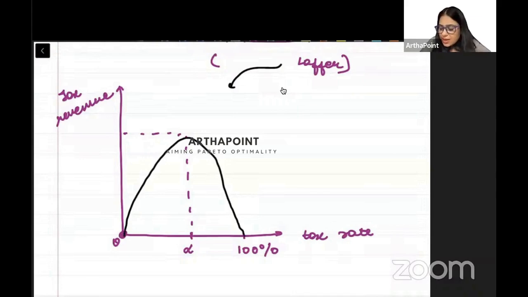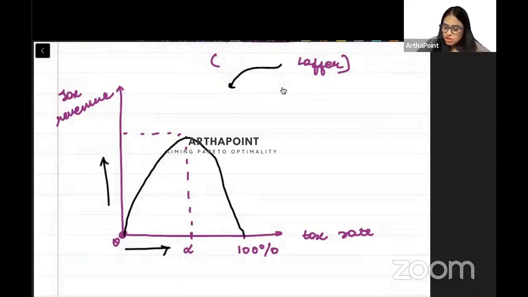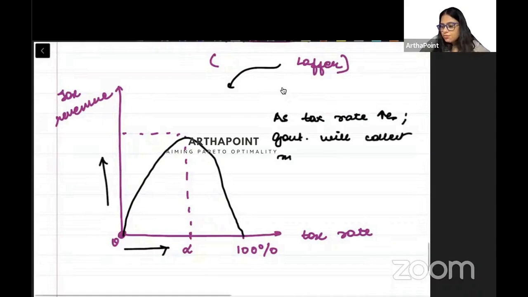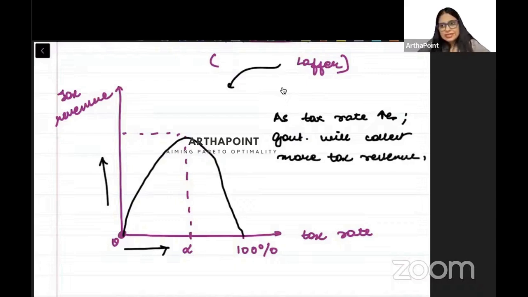Initially, जैसे जैसे आप टैक्स रेट बढ़ाओगे, टैक्स रेवेन्यू विल इंक्रीज. So initially as tax rate increases, government will collect more tax revenue. ज्यादा पैसा कमाएगी गवर्नमेंट. गवर्नमेंट will earn more tax.